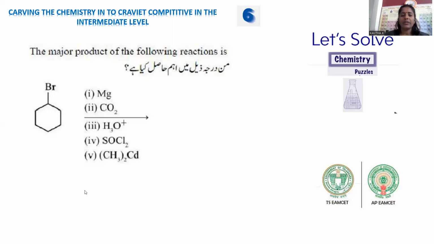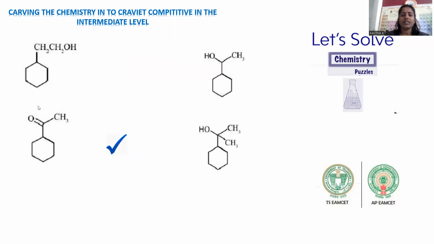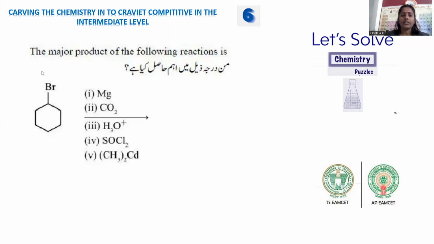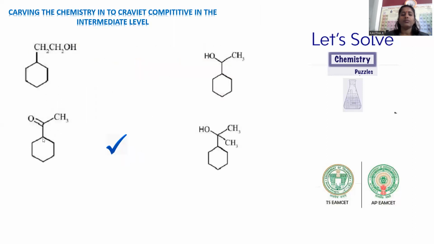Let's see what could be the sequence of reactions. Here is the ketone, and for this haloalkane, we can say cyclohexyl bromide is now converted into acetyl cyclohexane. Acetyl cyclohexane is generated.